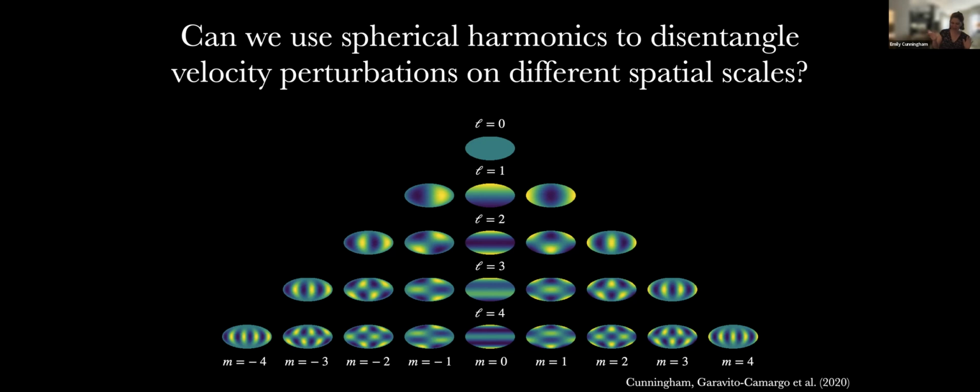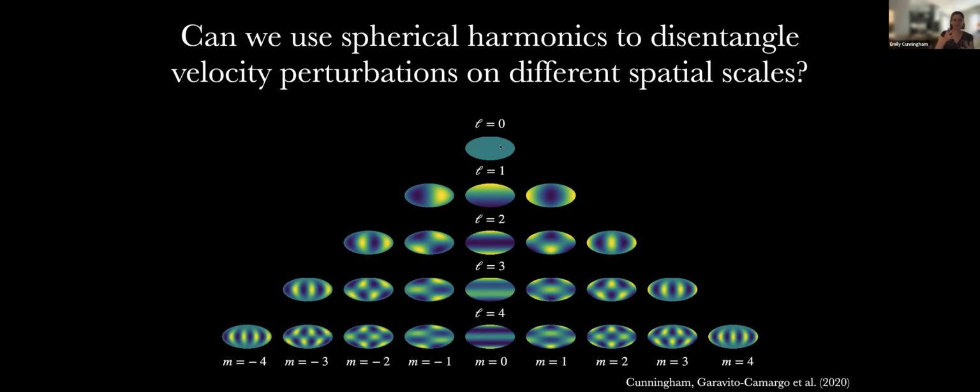So just to remind you, I had to spend a lot of time on Wikipedia relearning about spherical harmonics when I started this project, because it had been a minute. So I'm going to put it up here for me, if not for anyone else in the room. But for the spherical harmonics, we have L equals 0 shown at the top, which is the monopole, which is constant. And what's powerful about spherical harmonics is that they can be used as a basis to describe any function on the surface of the sphere.